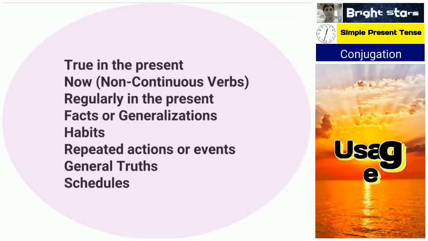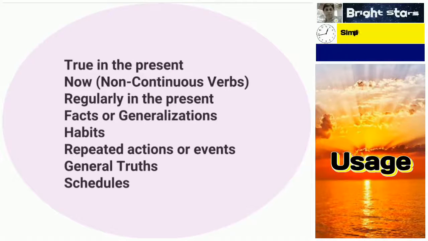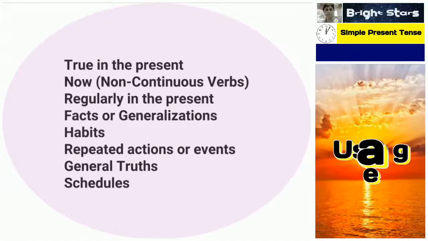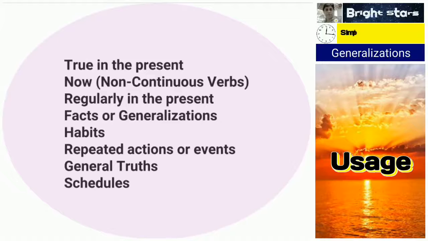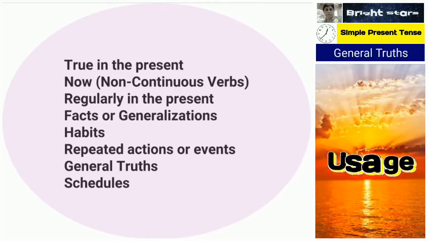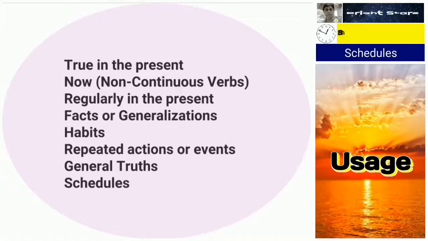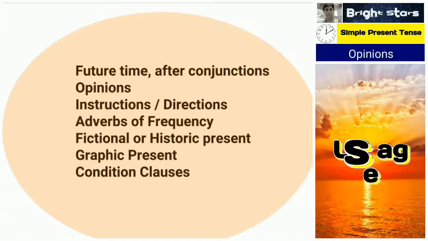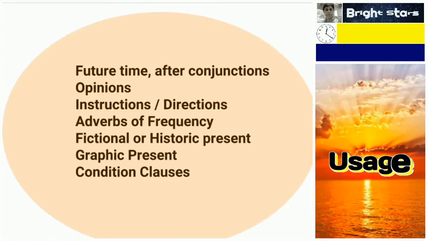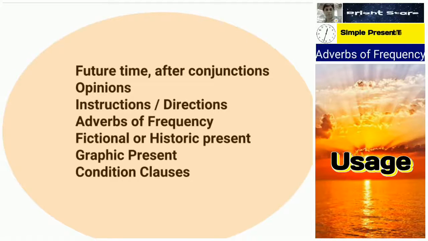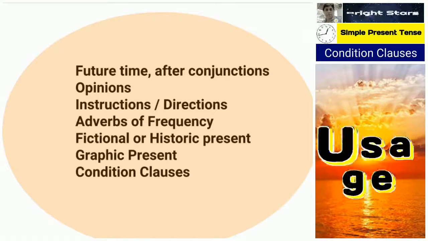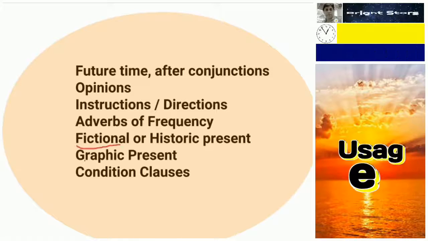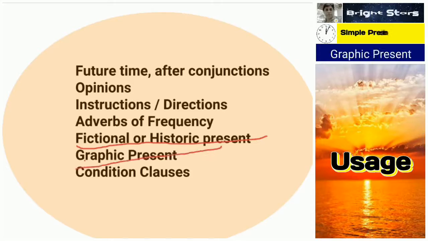So what we have discussed, we can use the simple present tense for different kinds of things: true in the present, non-continuous verbs, regularly in the present, facts or generalizations, habits, repeated actions or events, general truth, schedules, future time after conjunctions, opinions, instructions or directions, adverbs of frequency, fictional or historic present, graphic present, condition clauses.